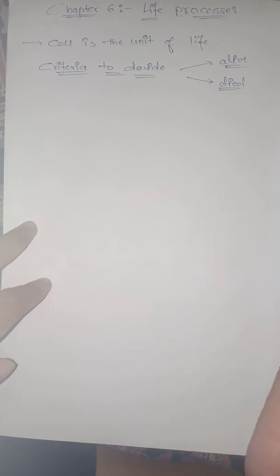The most important criteria to decide whether something is living is movement. When we talk about the criteria to decide whether someone is living or non-living, the first thing which comes to our head is movement.